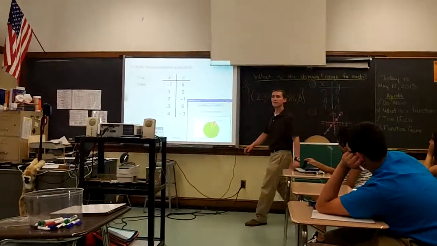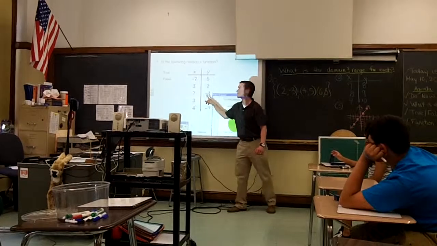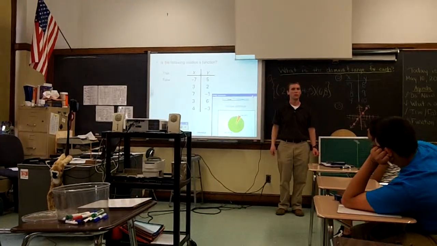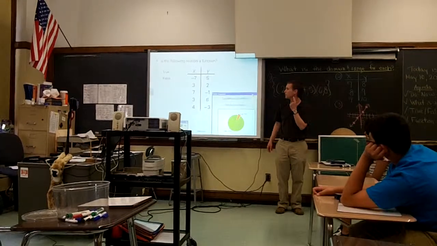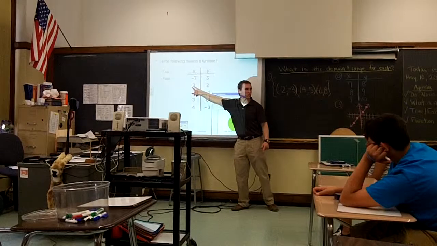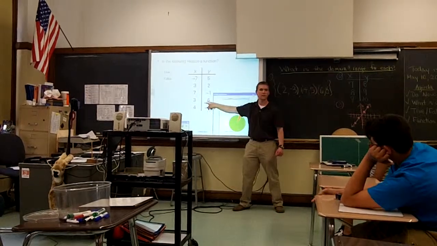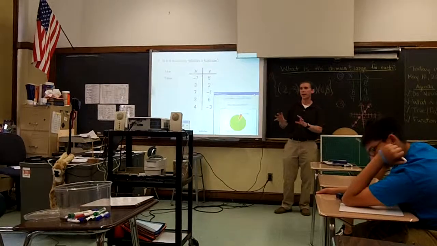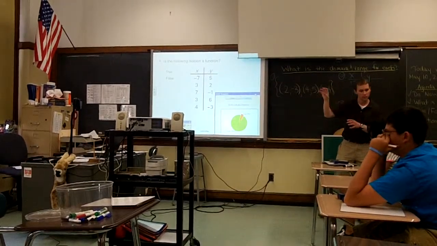Phil's explanation is that -7 is with 5 and +7 is with -1. Actually, it's 3 and 2 and 3 and 6. Right, 3 is paired up with 2 numbers. The element 3 in the domain is with 2, and the element 3 in the domain is paired up with 6. That can't happen. You can't have one number in the domain going to 2 numbers in the range.